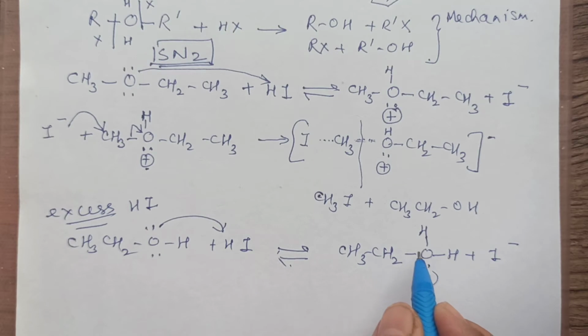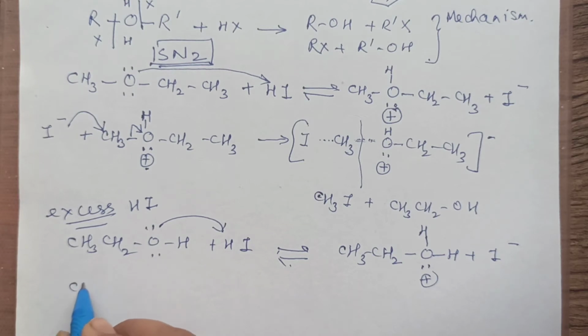Now this will be getting a positive charge, so in the next step this will try to pull. This is OH2 actually, because this is plus. I am writing it like this so that I can show you I getting attached over here.